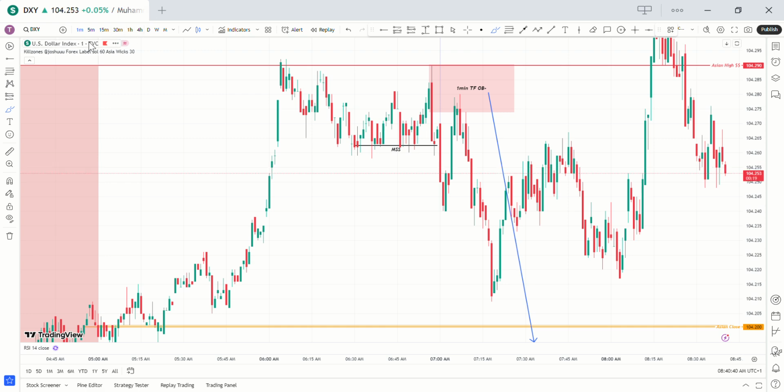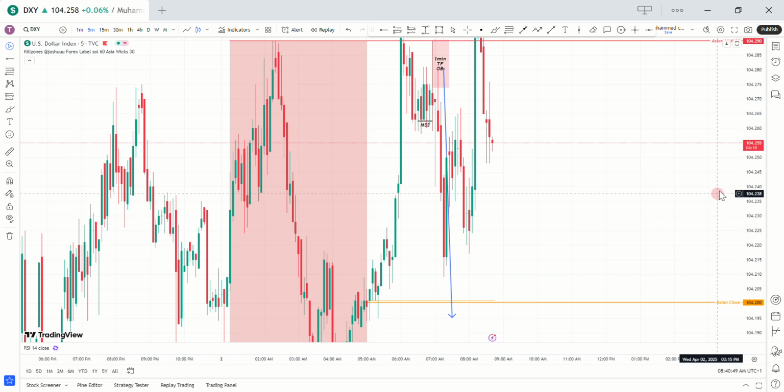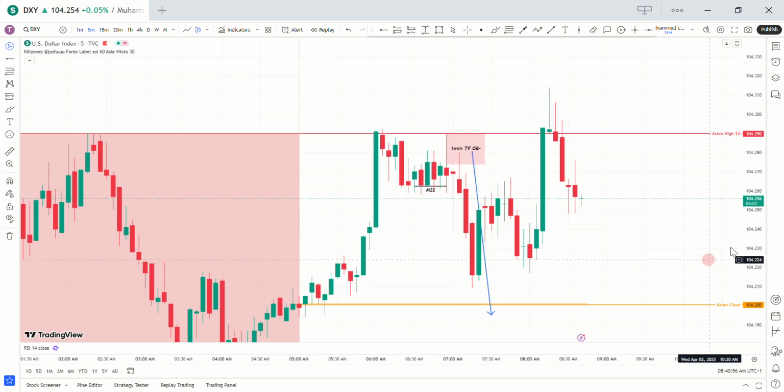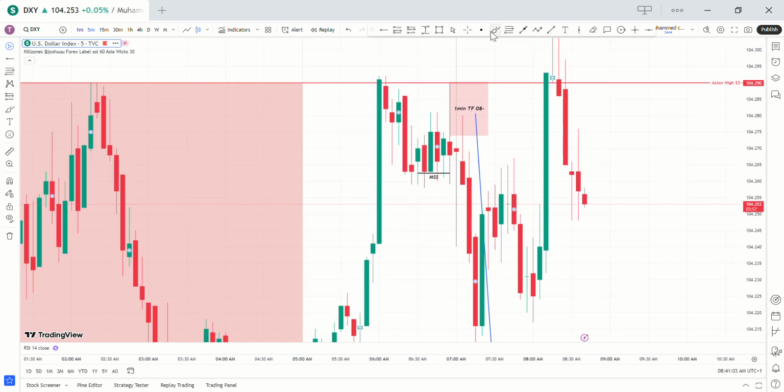So I immediately switched to the 5 minute time frame on DXY, and I saw that price was consolidating. As you can see, the candles here and the candles here, they're consolidating, or you can see they were accumulating.